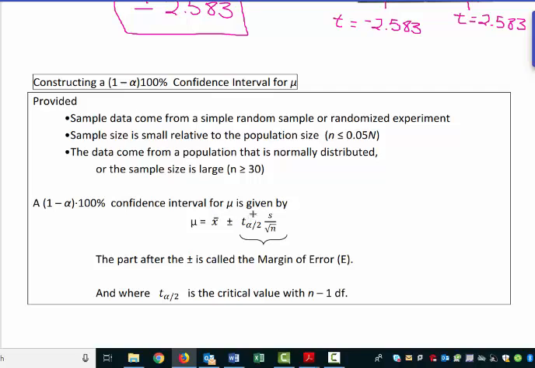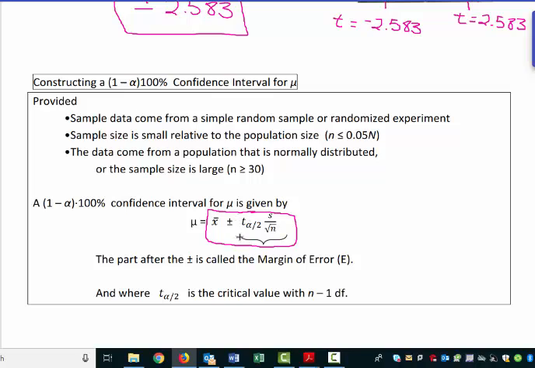Here is the formula, straight out of the formula page. It is the mean of the sample plus or minus that t-value, times the standard deviation of the sample divided by the square root of n.